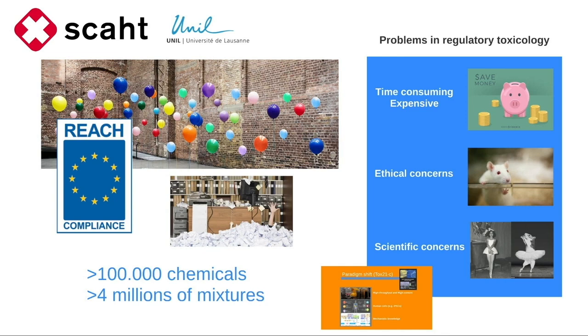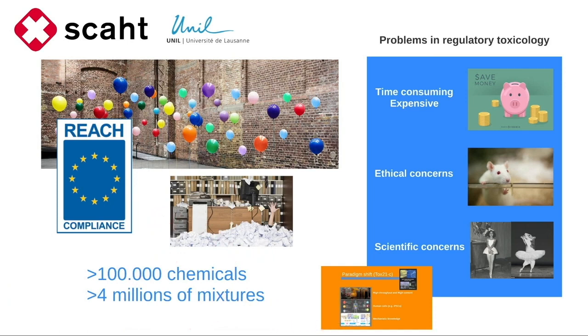The chemical industry has to make a dossier with all the tests necessary for a chemical going to market, following some guidelines. Most of these tests are made in animals. The problem at the moment is that we have many chemicals that have not been tested yet. We have more than 100,000 chemicals in the chemical universe and more than 4 million mixtures.